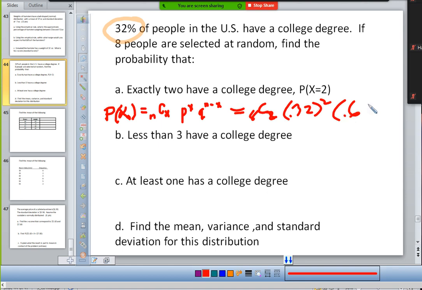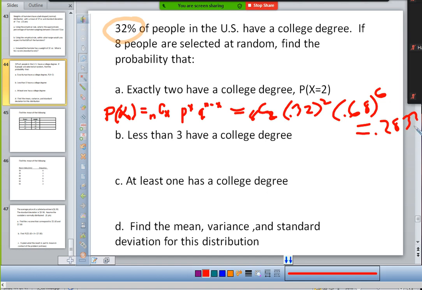So 32% said yes, then 68% said no, and if 2 said yes out of 8, that means I have 6 no's. Okay, so what do you guys get for this number? Someone tell me, text me. 2833.